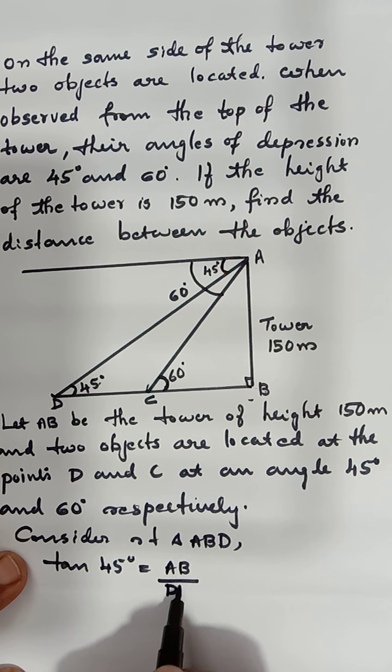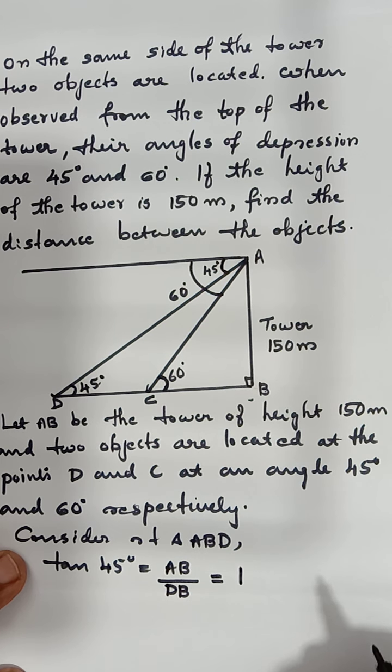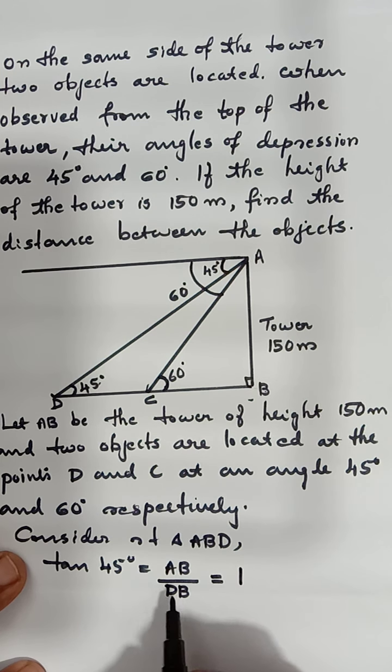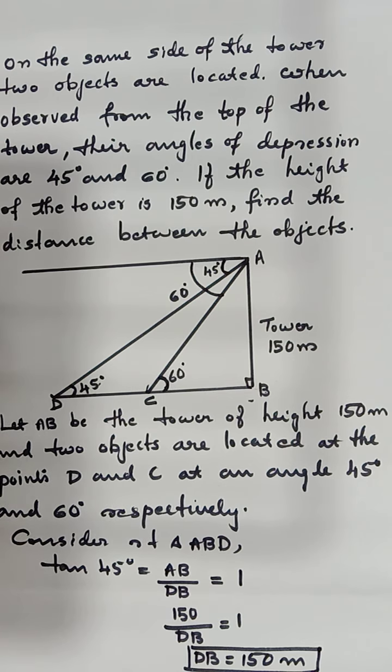Let me write it as DB. We know the value of tan 45 as 1. AB value we will substitute: 150 meter divided by DB is equal to 1. Cross multiply, we get DB into 1 is DB, that is equal to 150 meter. It is an important point to show it like this, 150 meter.